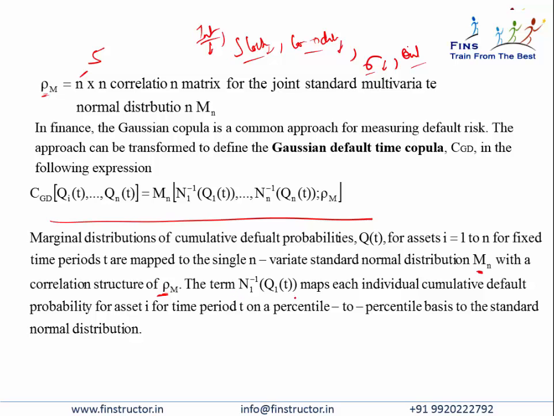The term N inverse maps the individual default probabilities or the individual distributions on a percentile to percentile basis on the standard normal distribution, and then this Mn combines these standard normal distributions using the derived correlations between the different assets to give us a joint probability distribution, or the joint default probability distribution. Only thing in this case, now the probabilities are default probabilities.